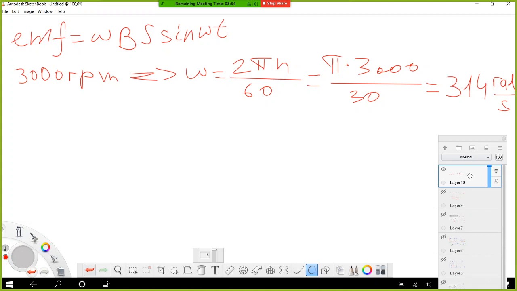We found omega, we know B, and we need to find S, which is pi r squared.